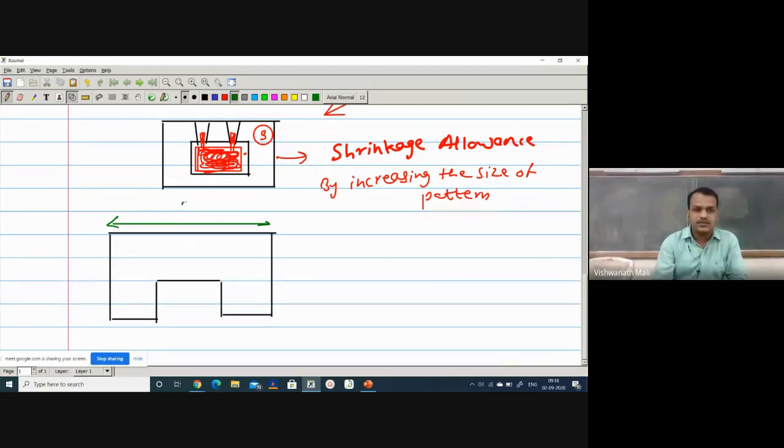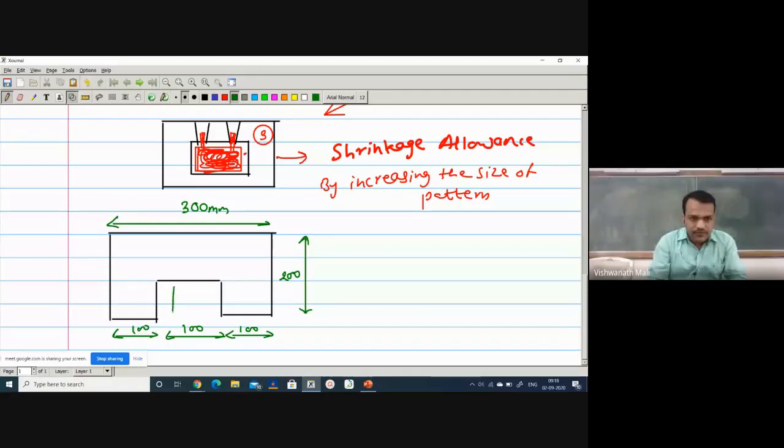Let's suppose it is 300 mm, 100, 100, this is 100, and let's suppose it is 200 mm. So these are the dimensions, and this is 100 mm.